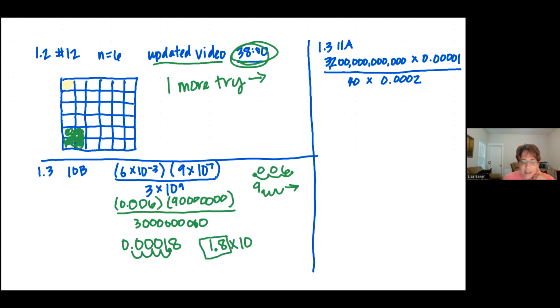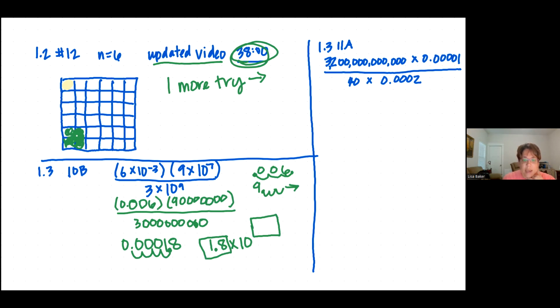So this is that first box, 1.8, and I think you had that correct, maybe. Now, up here, think about this: it's a very small number, right? If it's a very small number, is your exponent going to be positive or negative? For very small numbers, your exponent is going to be negative.